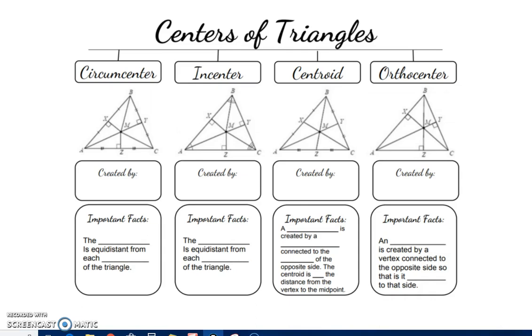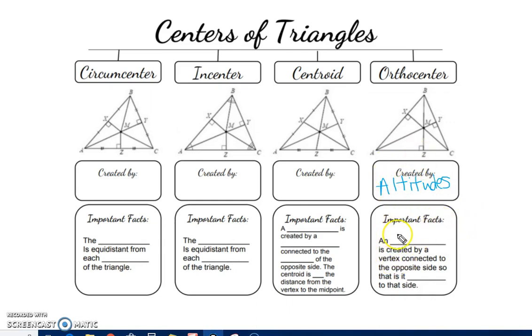Okay, so we are headed back to our graphic organizer and back to the orthocenter. And the orthocenter is created by altitudes. So we're going to fill this in with altitudes.